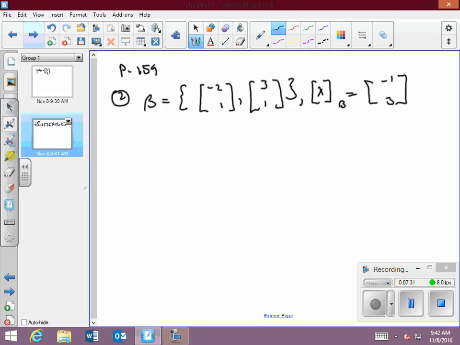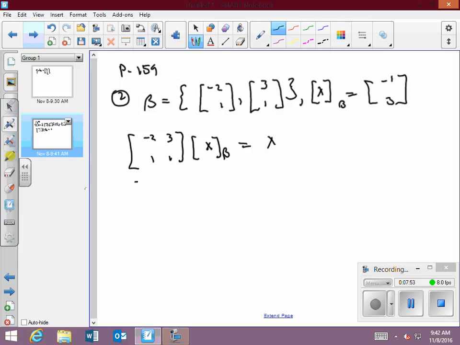So basically what you have is this matrix, minus 2, 1, 3, 1, and you're multiplying it by that x sub B, and you're going to get x.